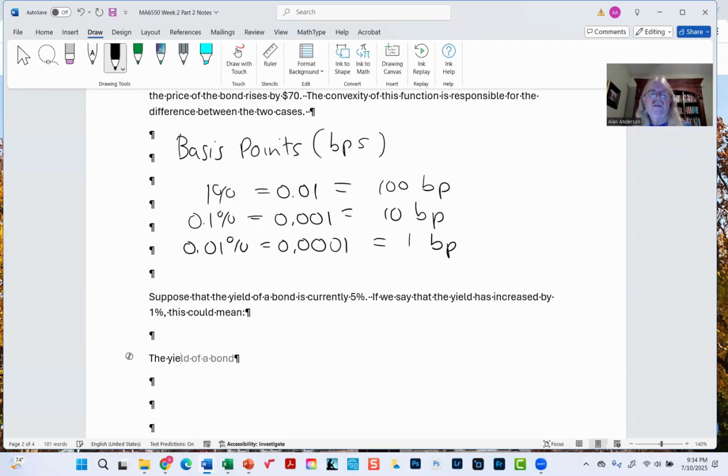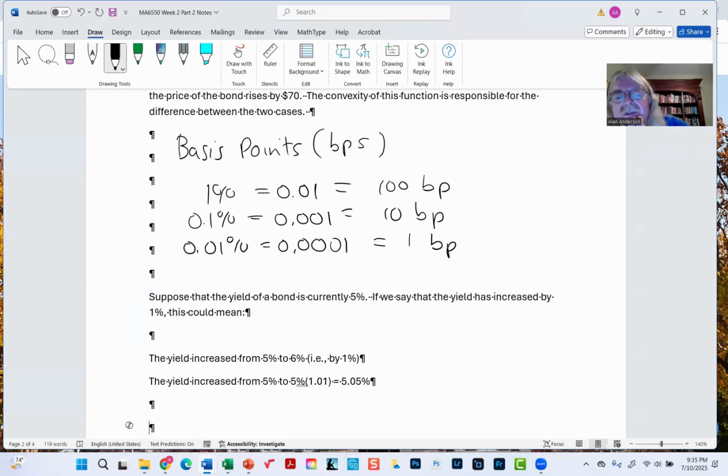The yield increased from 5 to 6, meaning by 1%, or the yield increased by 1% of 5%, from 5% to 5.05%. Because this is English, it can be very ambiguous. If we say the yield increased by 1%, then it could, in principle, mean either that it went from 5 to 6 or from 5 to 5.05. So you can see we have to be careful about that.